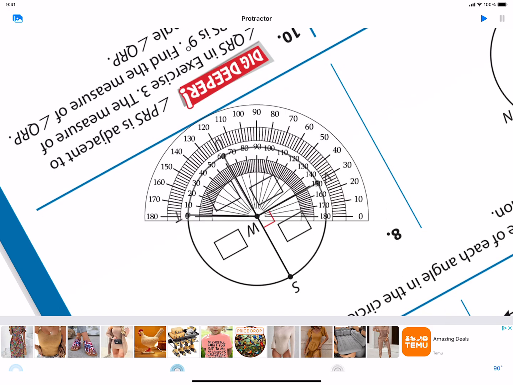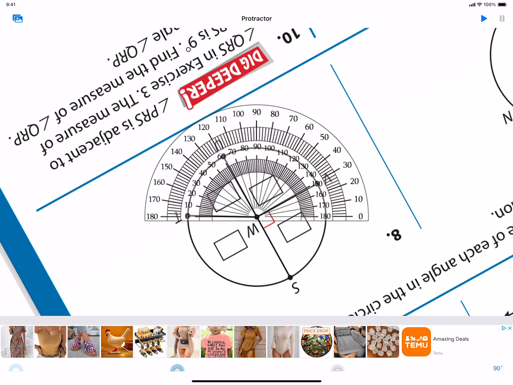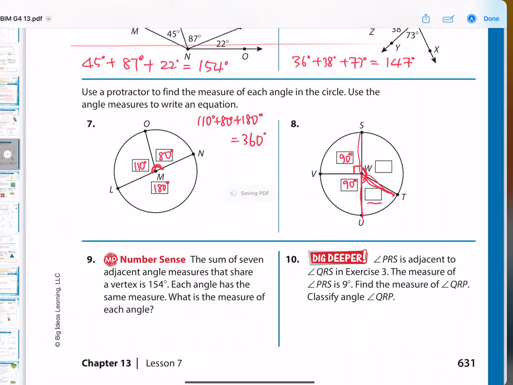Okay, so let's use our common sense, and we are measuring the other side, which means 0 inner circle, 10, 20, 30, 40, 50, 60. Yes, I was correct.